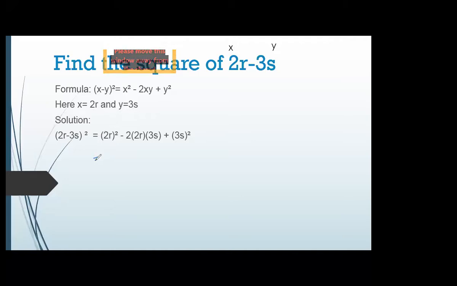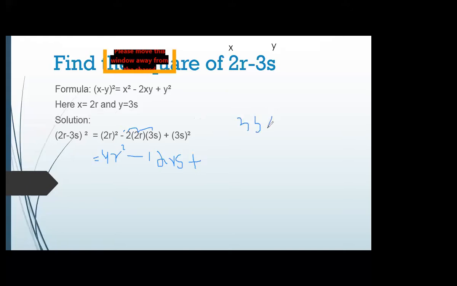Now, 2 into 2 is 4, and r square. Then minus, now 2 2s are 4, 4 3s are 12, so we get 12rs. Then plus, now (3s) whole square means 3s is multiplying twice.